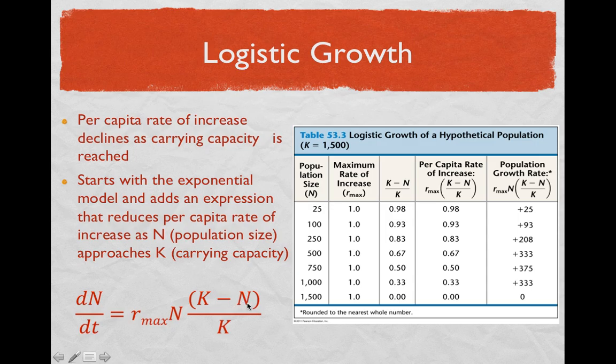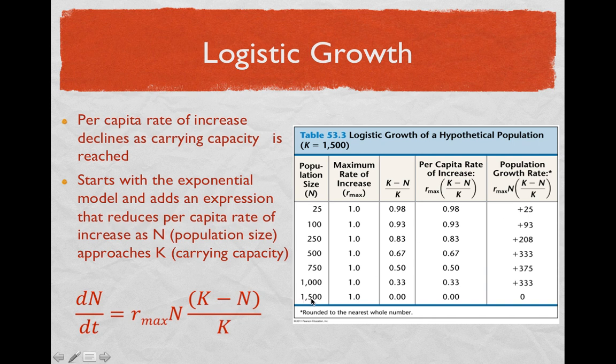So theoretically, I've got a population size of 25 individuals, 1 or 100% being the max rate for reproduction. My carrying capacity and taking all of that into account gives me 0.98. I take that per capita rate of increase, and I can grow with an extra 25. So that's where that growth rate's coming from.